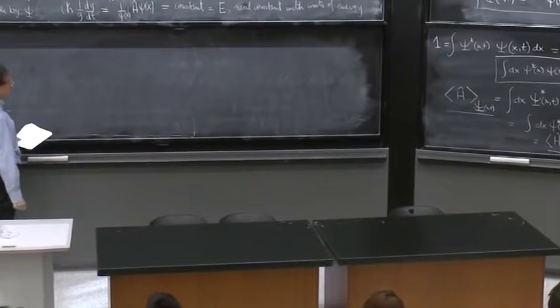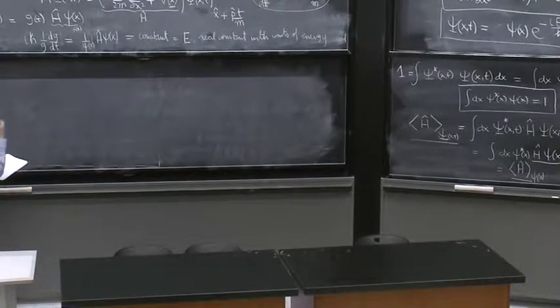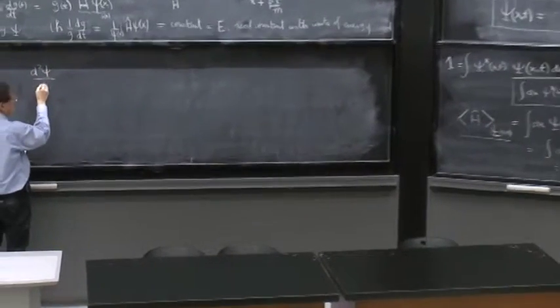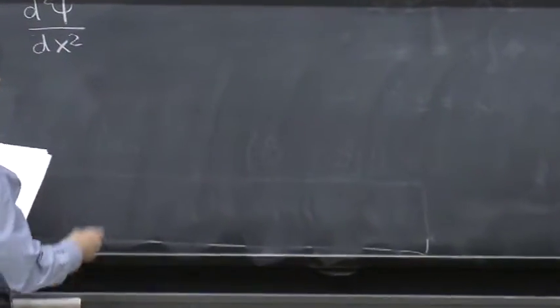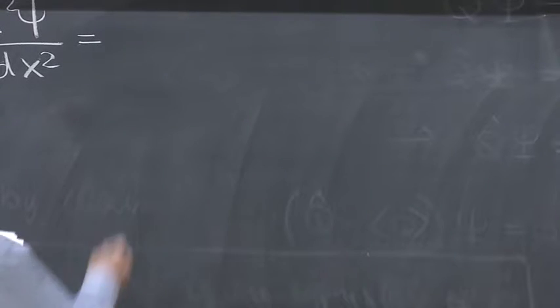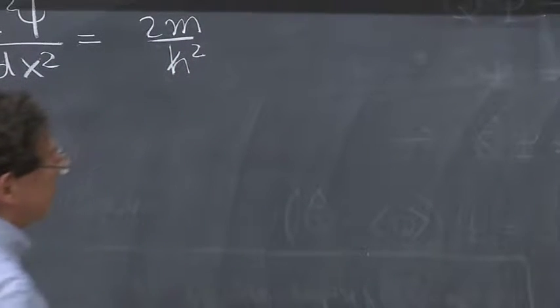Remove the potential to the right-hand side and get rid of the constants here. m over h squared.